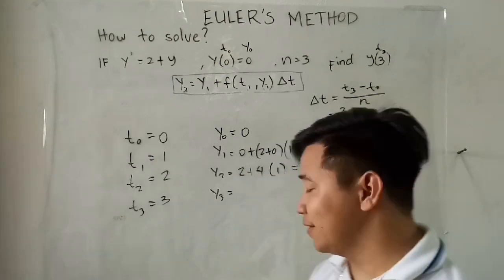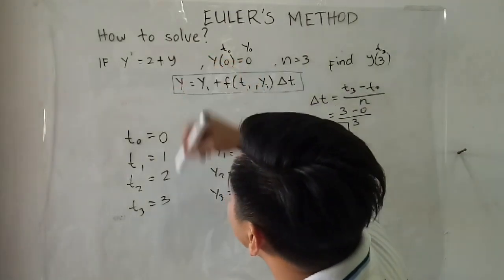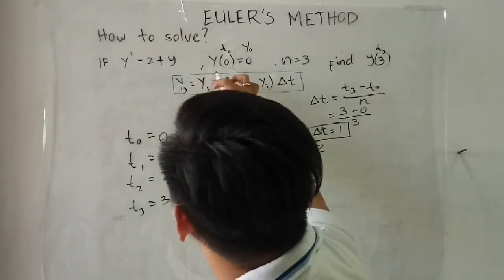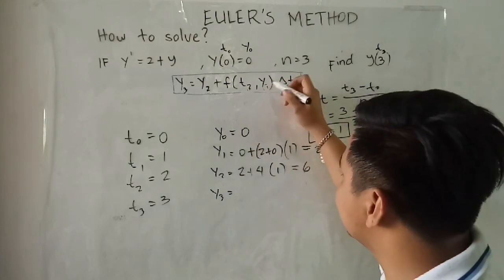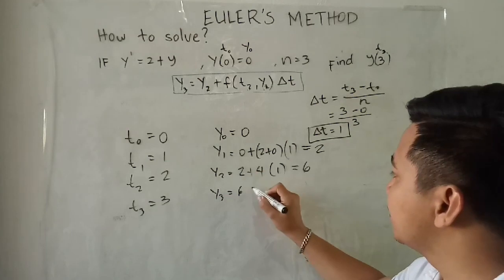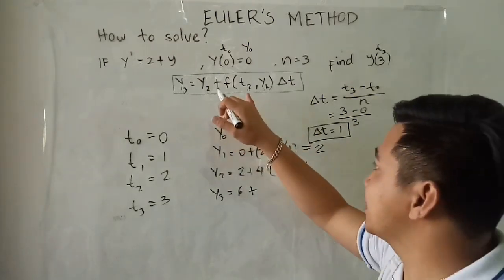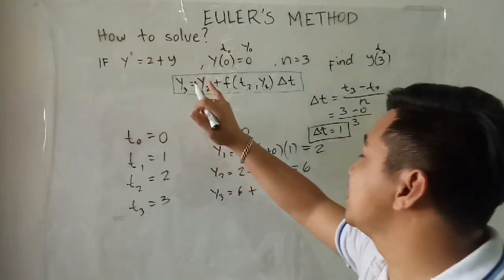And for the y sub 3, just like we did, we change the value of y sub 3 into y sub 2, t sub 2, and y sub 2. So our y sub 2 here is 6, plus function of t sub 2, y sub 2. We have t sub 2 here, so 2 plus the value of y, which is 6.